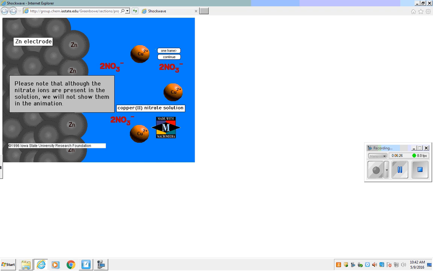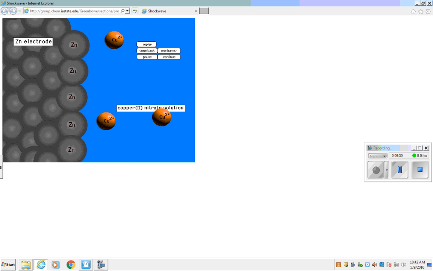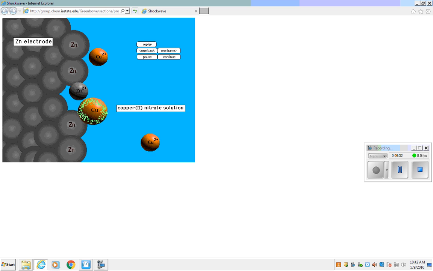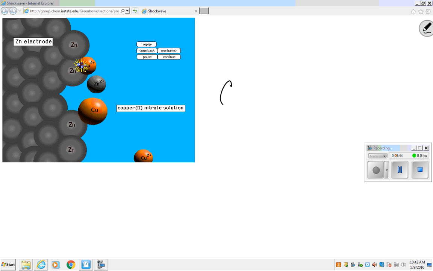So I just want to show you an animation. I'm going to begin this at the beginning. Initially, these copper ions in solution, the solution is actually blue initially. It's a little bit darker blue because of those copper ions. Copper solutions are blue because copper is a transition element. So we initially have this copper nitrate solution that was shown in that reaction.